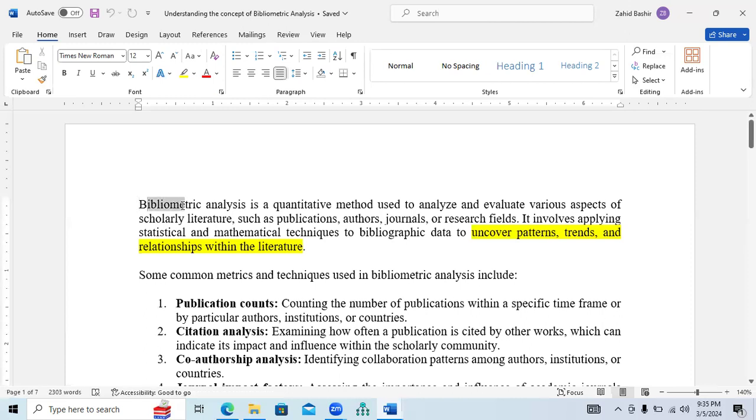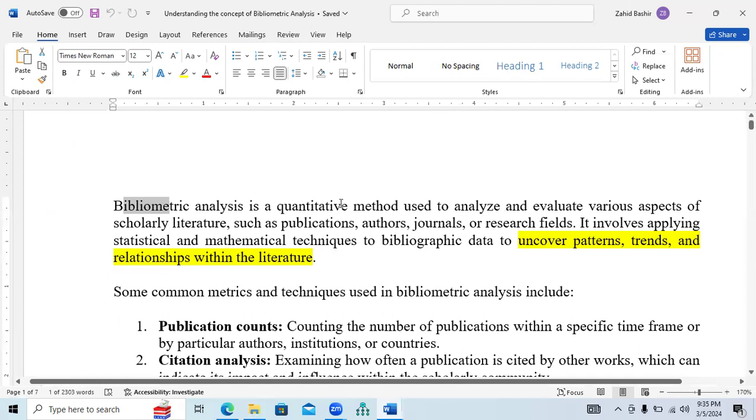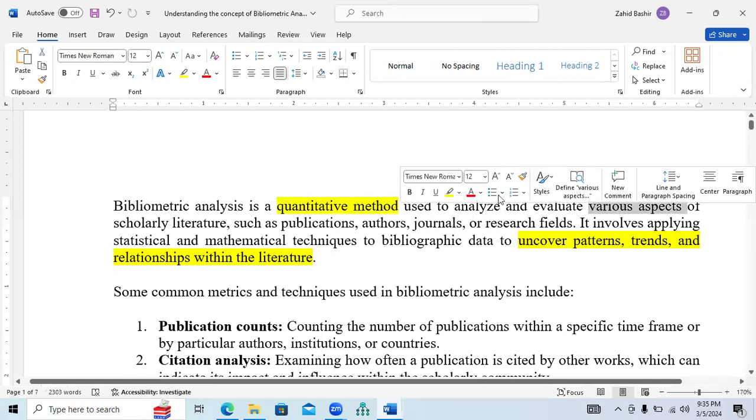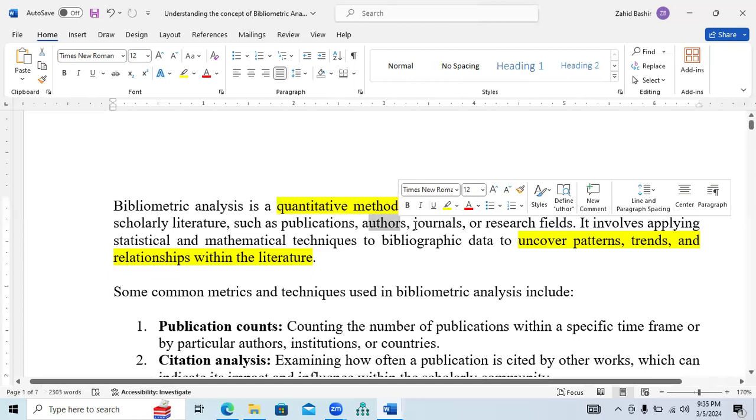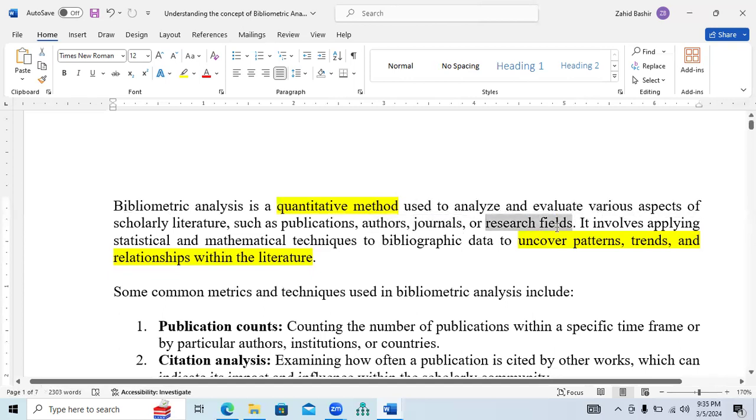So bibliometric analysis is basically a quantitative method. It is not a qualitative method. It is a quantitative method, which is used to analyze and evaluate various aspects of literature, such as publications, authors, journals, and research fields.